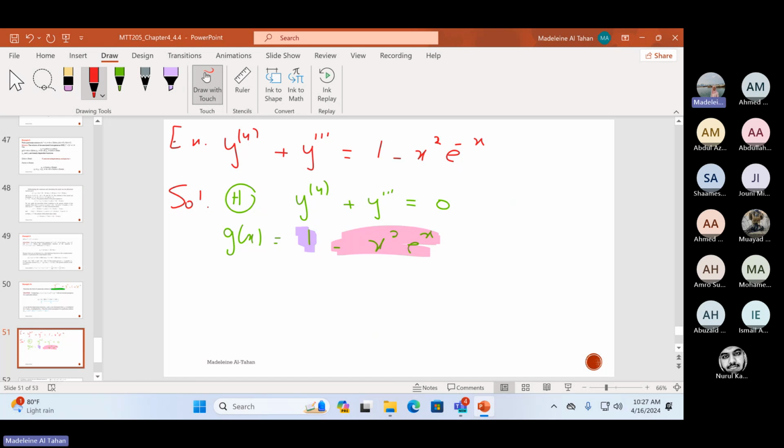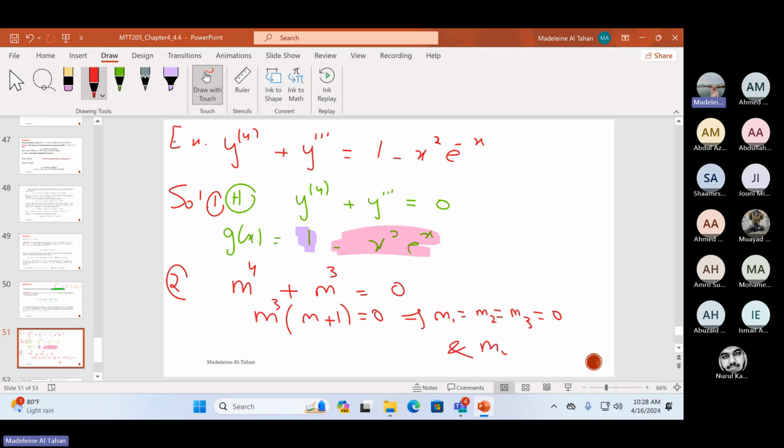Okay, this is the first step. Second step, we need to solve it. So instead of y4, we'll put m4, instead of y triple prime, we'll put m cubed. This one is m cubed times m plus 1 equals 0. It means that m1 equal m2 equal m3 equals 0, and m4 equals negative 1.